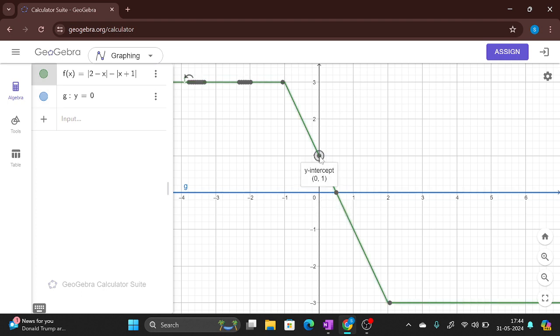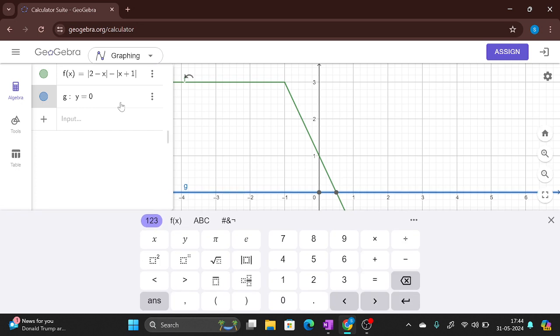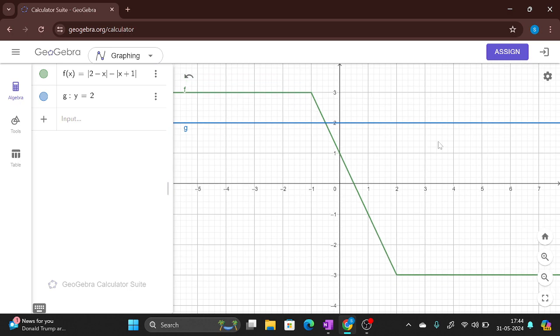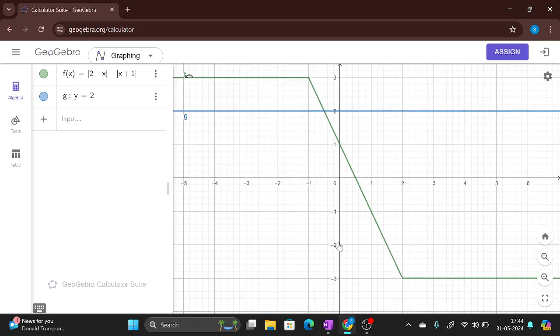1 is also acceptable. 2 will be acceptable, yes, definitely. Let me see, y equals k, which equals 2. So therefore k equals 2 is also acceptable. Minus 1 also will be acceptable. Minus 2 also will be acceptable. So how many integer points are available?